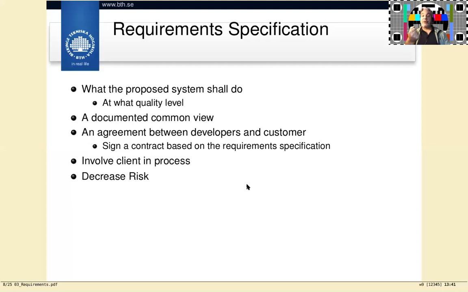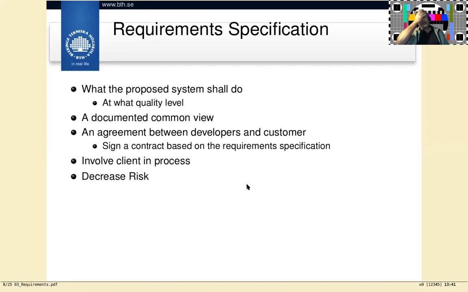This is a promised agreement between you and the customers that the system shall be able to do the following once it's done. It's not only what it's supposed to do, the functional requirements, it's also the quality levels. So response time, reliability, and so on are also part of the requirement specification.